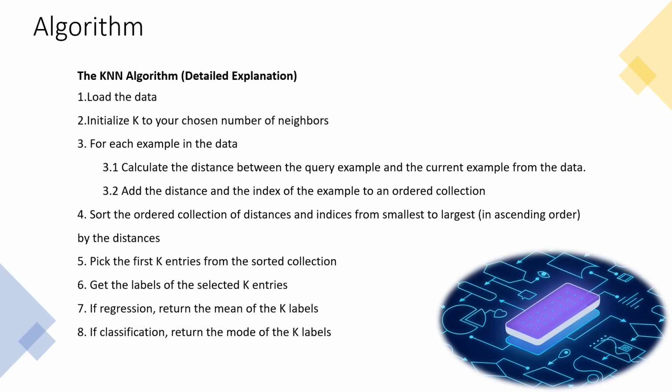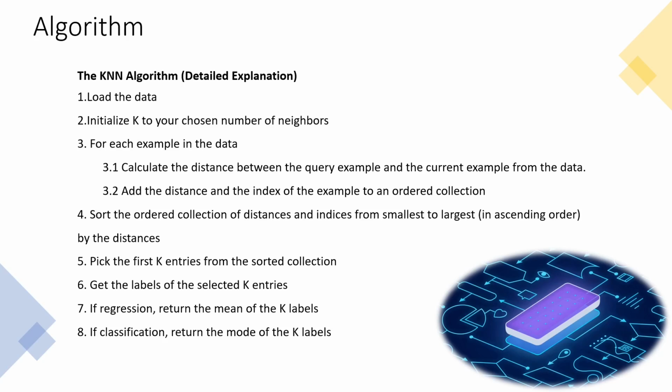Okay, and then we add this distance and the index of the example to another ordered collection. Then we sort the ordered collection of distances and indices from smallest to largest, which means in ascending order, and then we pick the first k entries from the sorted collection, since these are the closest elements to the newly coming element.